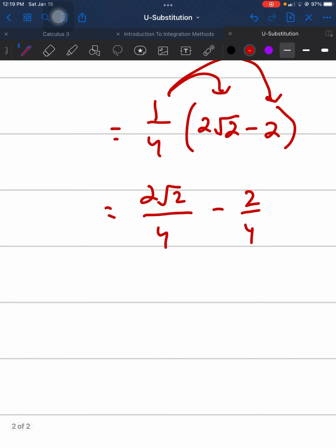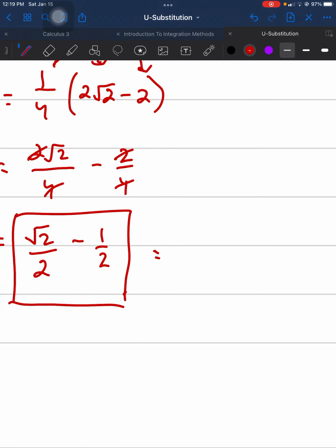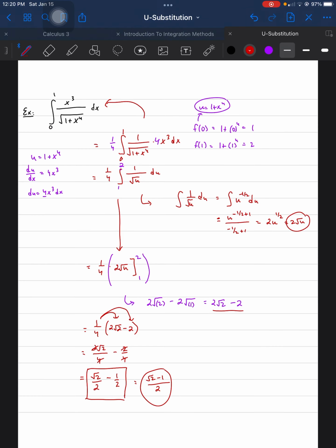Now we can simplify, and we get radical 2 over 2 minus 1/2. So you leave the answer like this, or if you want, you can put all of this over one denominator. It's the same denominator too. You can just put everything over one denominator like that, radical 2 minus 1, over 2. This is also an acceptable answer. But this is the final answer right here.